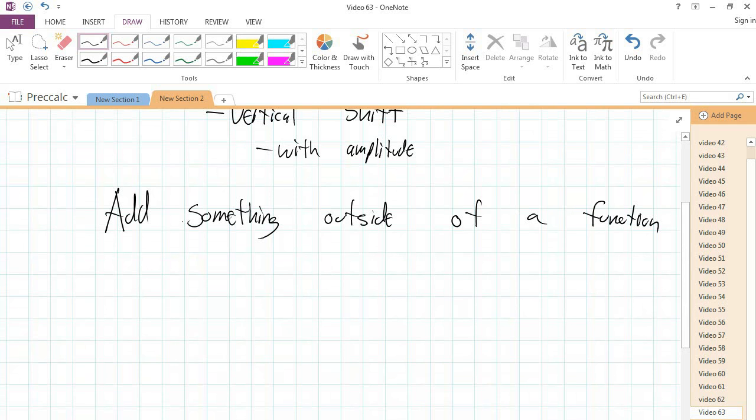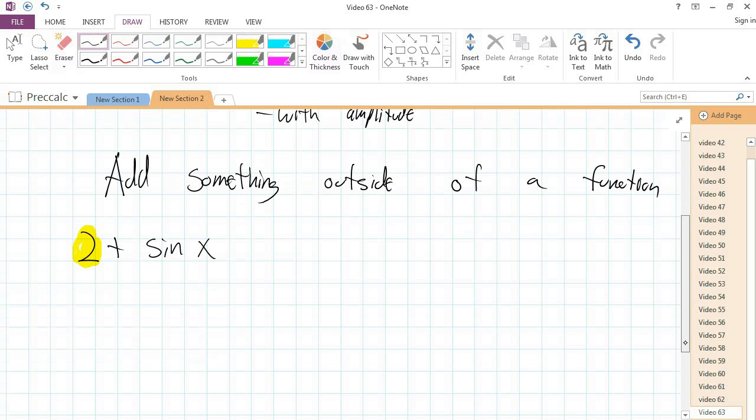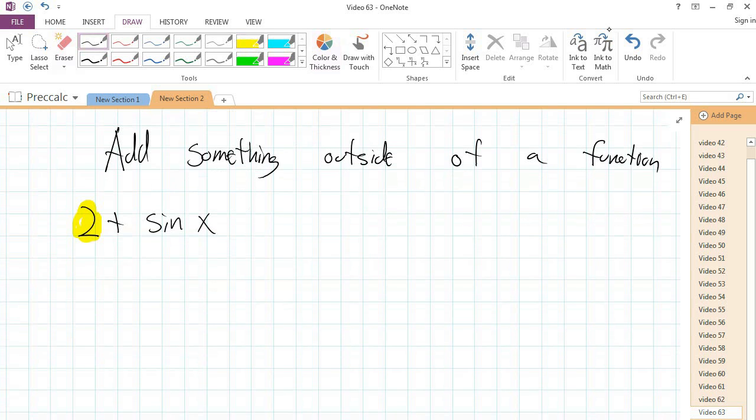And we see vertical shifts, something like 2 plus sine of x. Here, sine is shifted up 2 units because it's being added on outside of sine. Okay? So how does this extra 2 change the graph of sine?